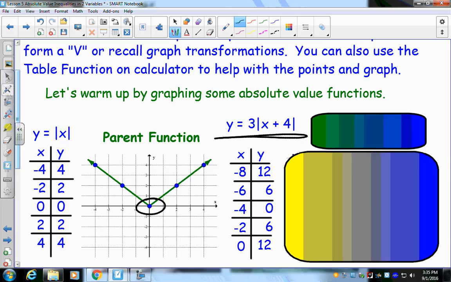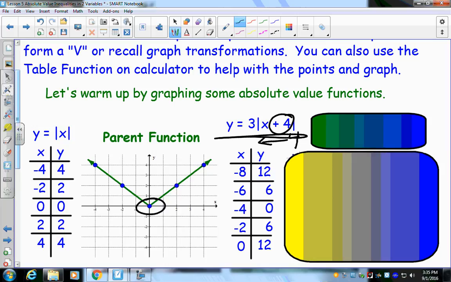Let's look at this example right here. I have y equals 3 times the absolute value of x plus 4. Let's first start with any shifts, any sideways or up and down movements. Since I'm adding 4 on the inside, remember that adding inside my absolute value tells me I have a horizontal shift. I'm moving my graph sideways in the opposite direction. Since that says x plus 4, I know my vertex is moving left 4.